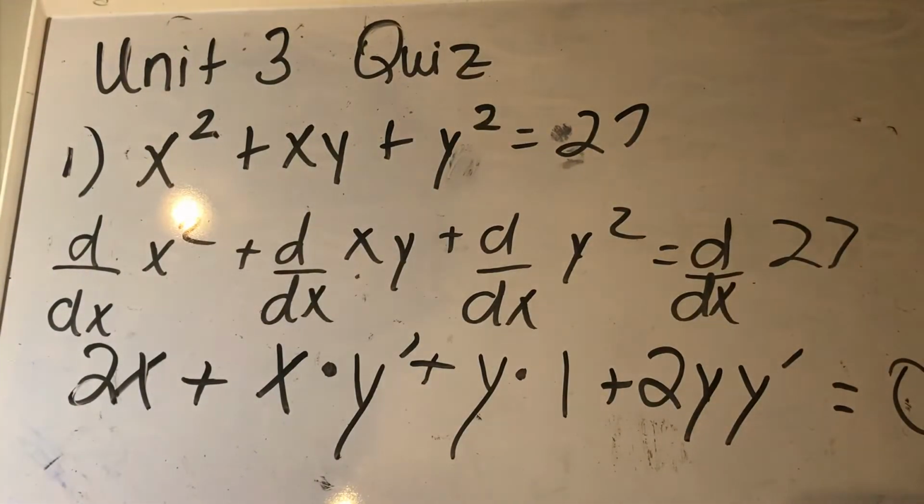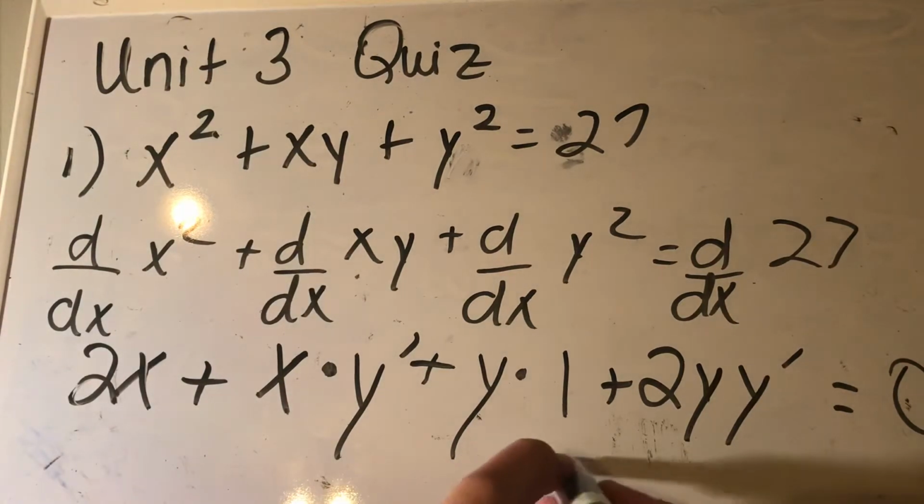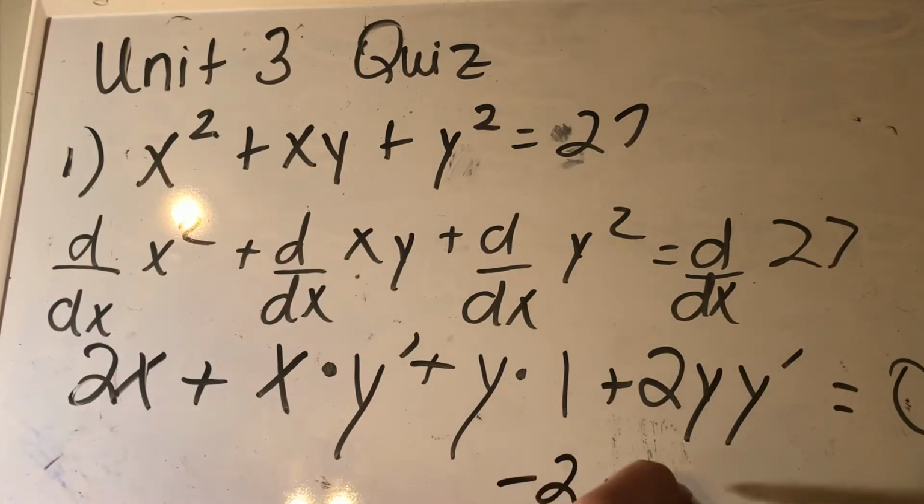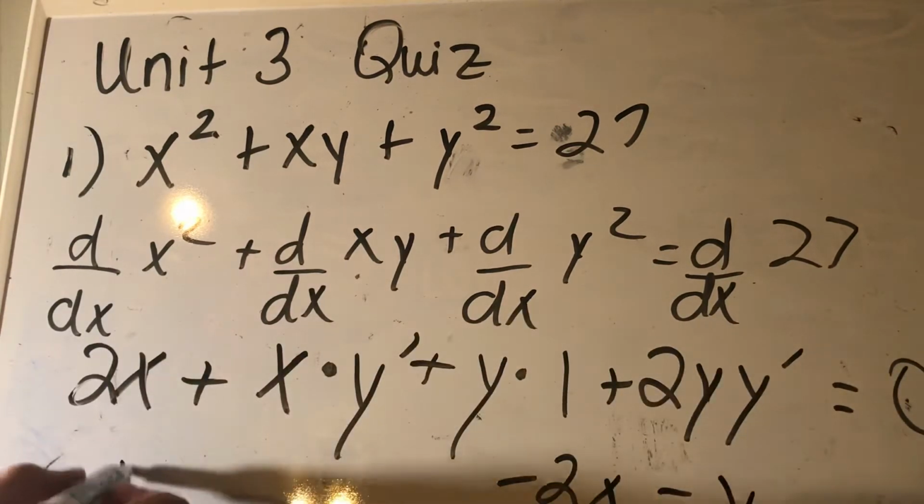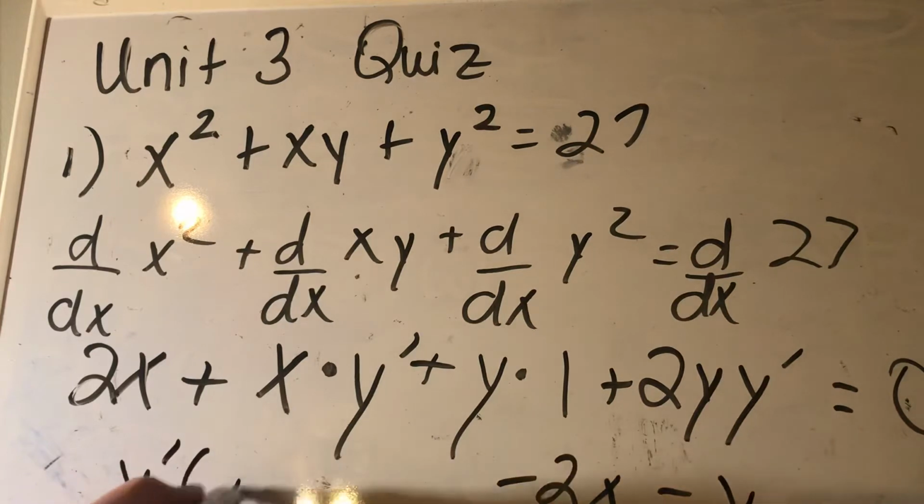And then to finish number 1, you would solve for y prime. So everything that does not have a y prime, you would move over to the right side. Anything that has a y prime, leave it on the left side.